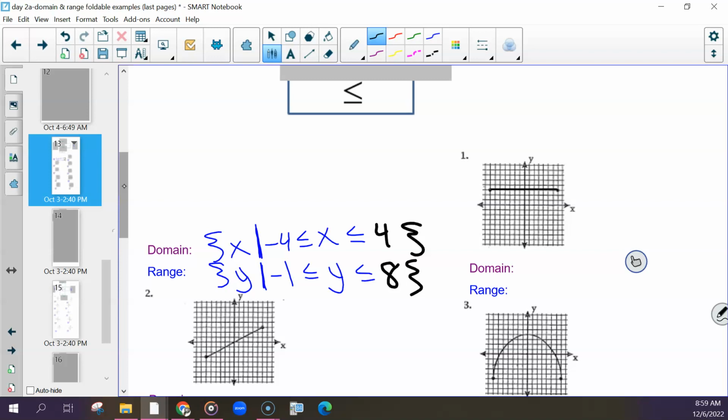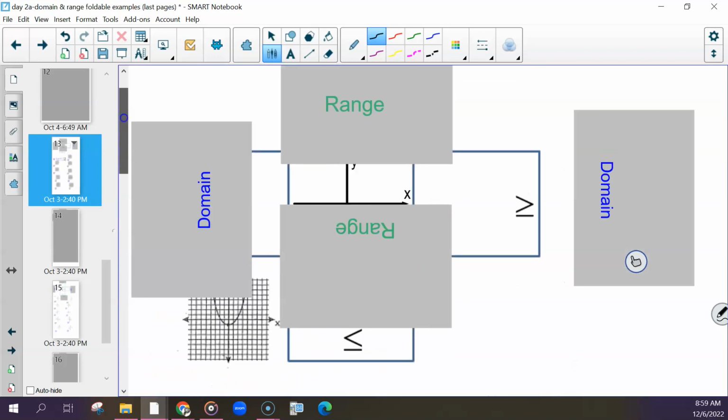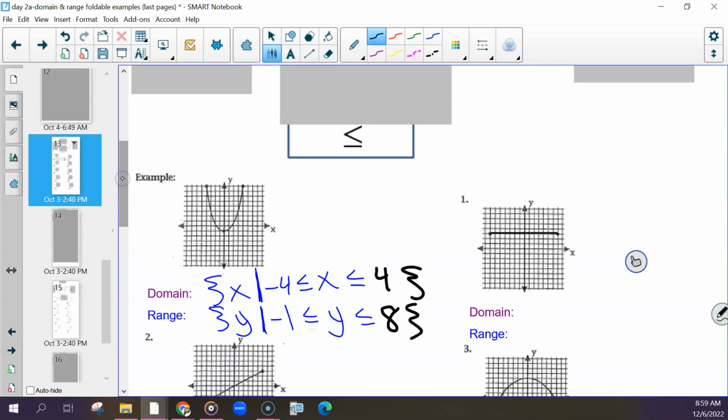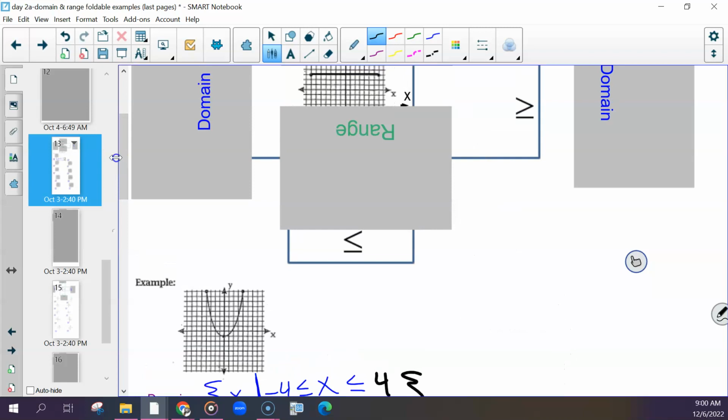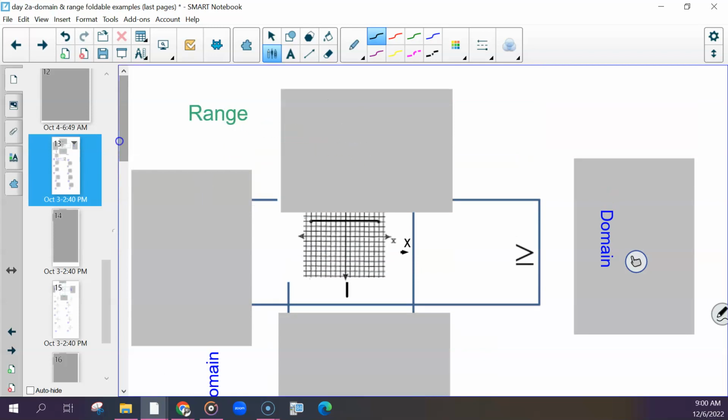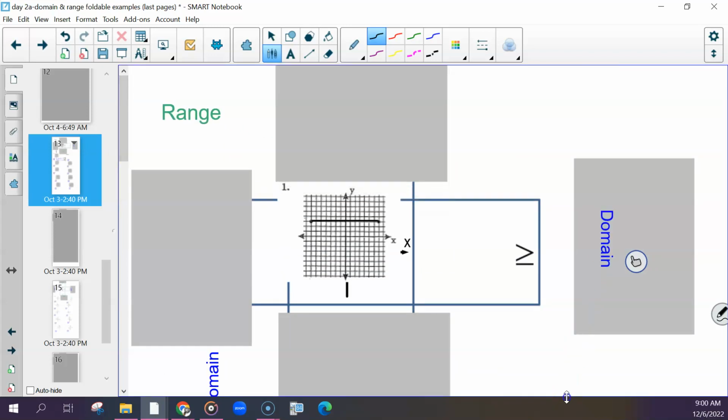After you've glued that one in, find your example number one from that same page, cut that out, and put it in your little foldable. Yeah, that way you know which one to refer back to it as.